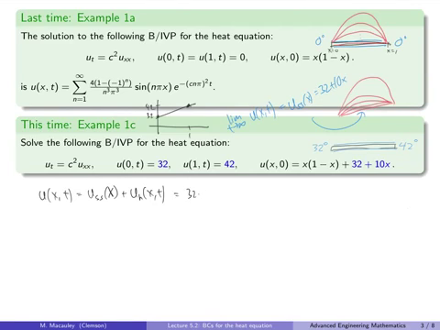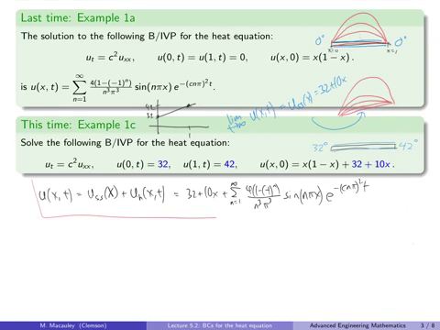And that's 32 plus 10x plus the infinite sum of 4 times (1 minus (-1)^n) over n cubed pi cubed, sine of n pi x, e to the minus c (n pi) squared t. So let me box that.